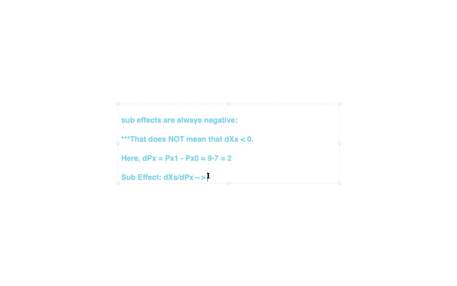So all this is saying is that if the substitution effect is always negative, then dxs, in our case, is minus 0.93 divided by dpx, which is 2. That's going to be a negative number. This ratio is always less than 0, and I'll be more explicit.